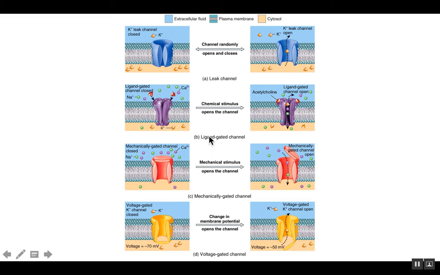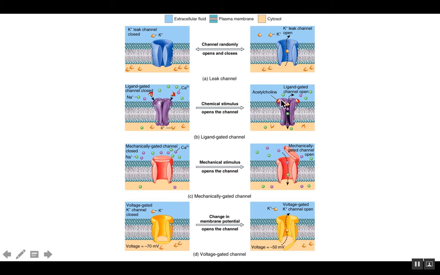A ligand gated channel will open when the ligand, or the chemical, attaches to the channel. So this purple channel here is a ligand gated channel, and the ligand is acetylcholine. We've heard about acetylcholine. It's a very common neurotransmitter. So this might be how a neurotransmitter is stimulating another neuron to transmit an action potential.